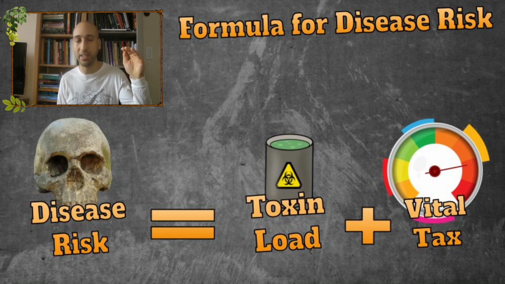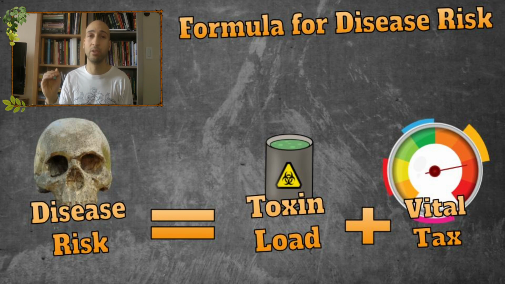So if you have very little vital taxes and very little toxin load, your disease risk will be very little. That's really all there is to it. It's maintaining enough vital force and not poisoning yourself and minimizing the amount of poisonous load, toxic load that your body's subjected to. You do those two things, you don't get sick.